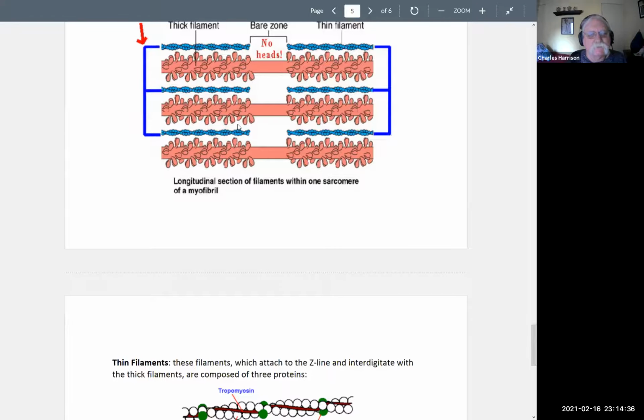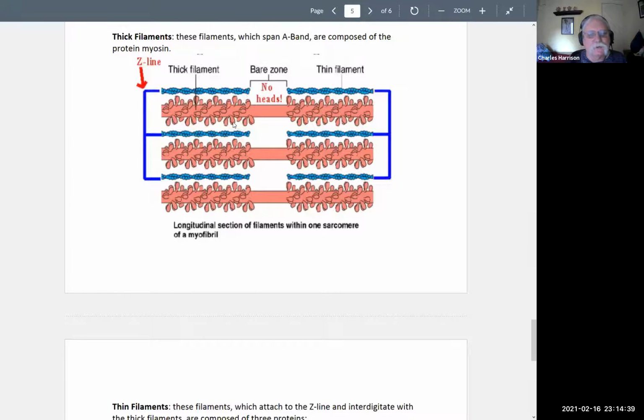Most people don't know what a turnbuckle is, and it's a hard idea to wrap your head around unless you already do know what it is. But you turn the centerpiece and it moves in both directions, this way and this way. Now, the thick filament during contraction does not get smaller.